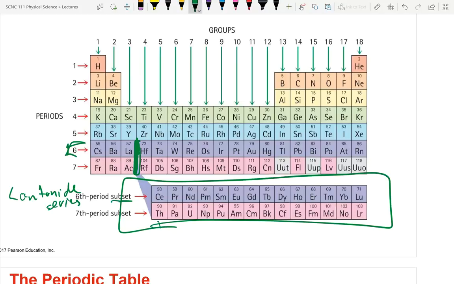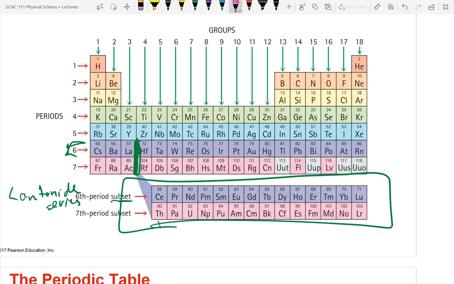So what do you suppose you call the series in the 7th period subset? If the 6th period subset is the lanthanide series, what would the 7th period be? Didn't follow the logic? After lanthanum comes this series here, and so it's called the lanthanide series because it comes after lanthanum.